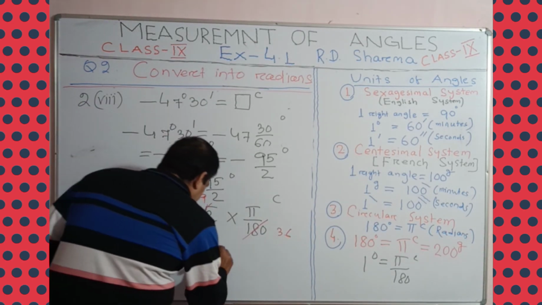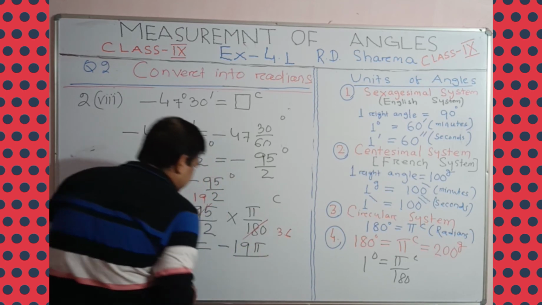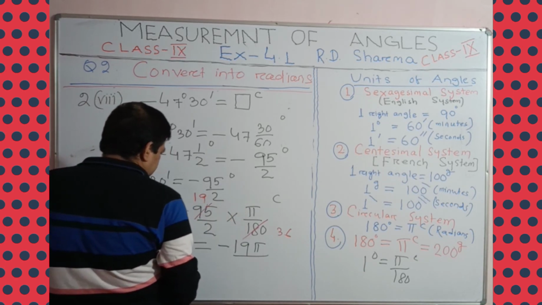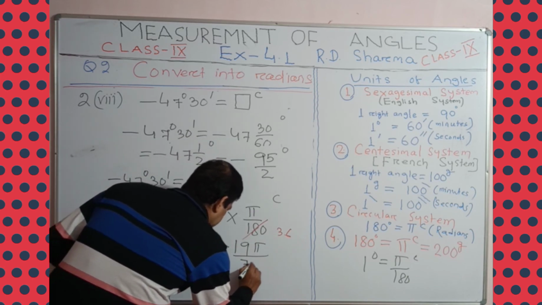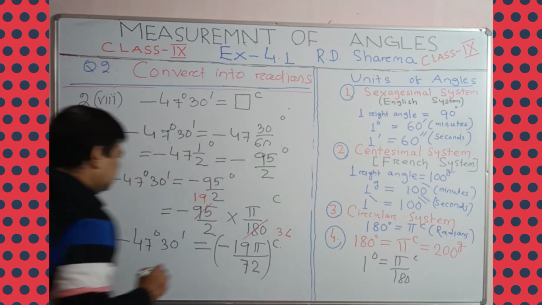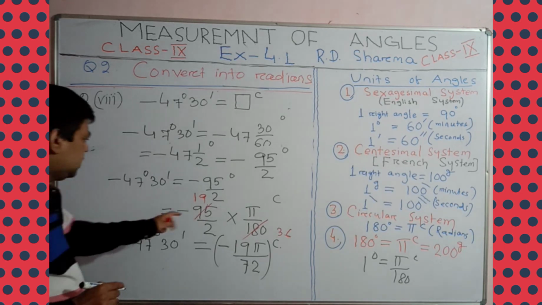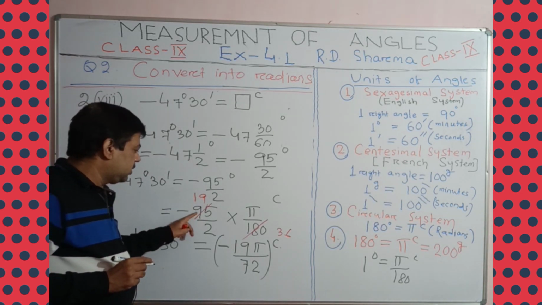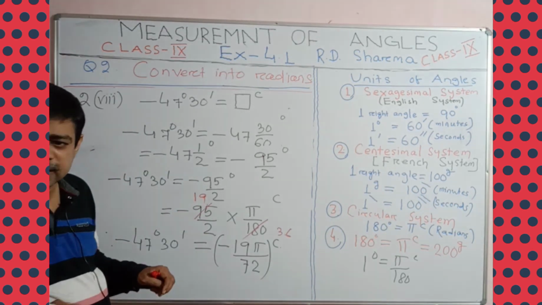So it will be minus 19 pi, 36 into 2 is 72, so minus 19 pi by 72 radian. I made a mistake in the calculation; to rectify it, 95 divided by 5 is 19, not 59.